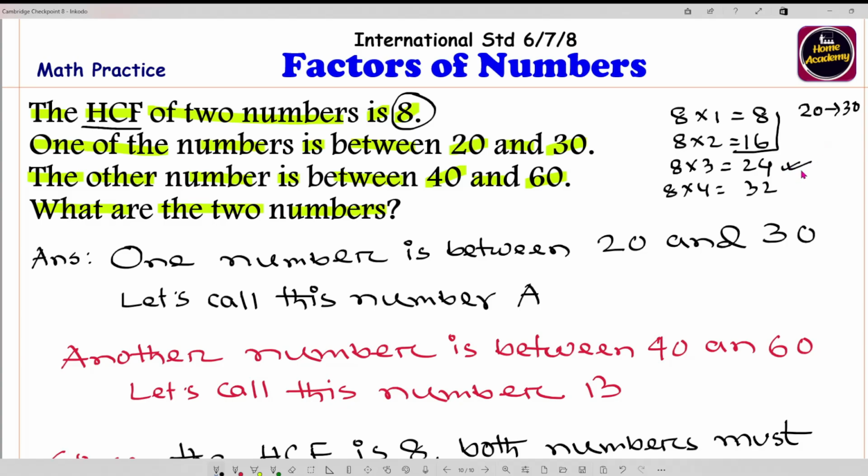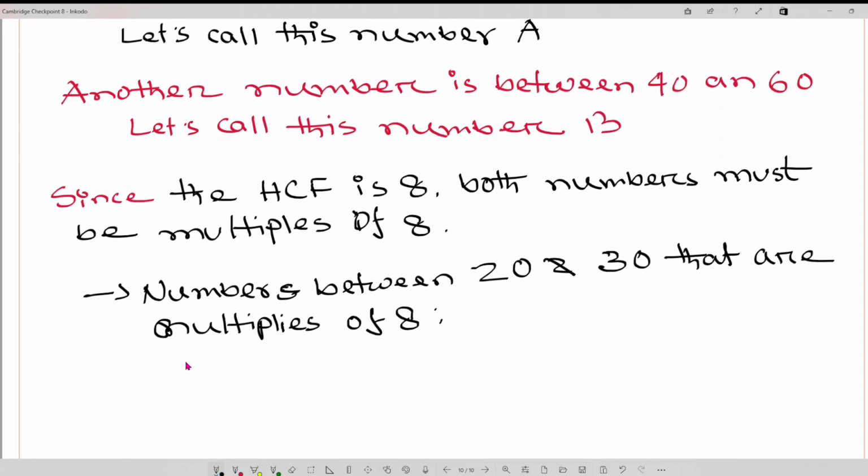So we take 24. 8 times 3 is 24. So A equals 24.